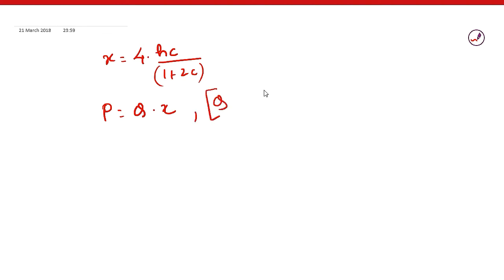So our x is nothing but 4 into hc by 1 plus 2c, is it not? Since p is equal to q into x, and your q was nothing but c into g into m plus capital M, what will happen?